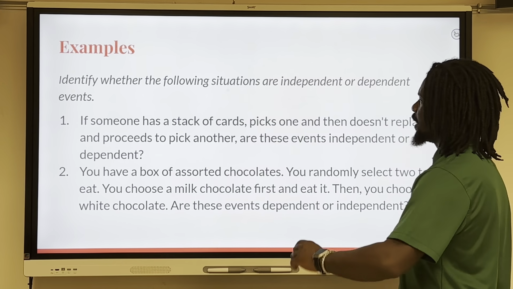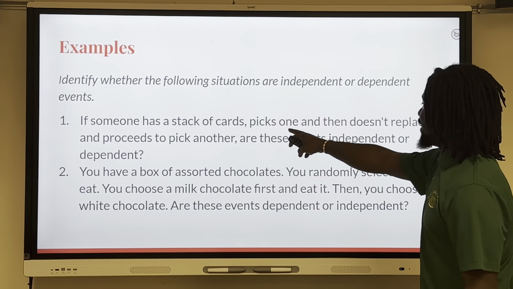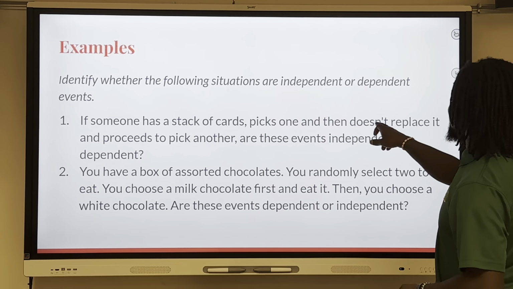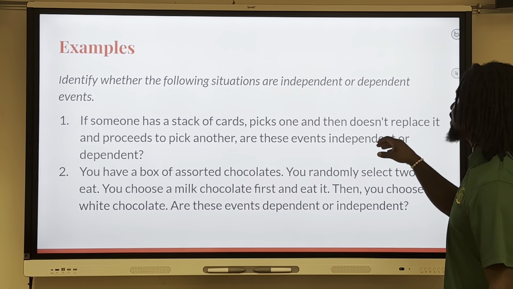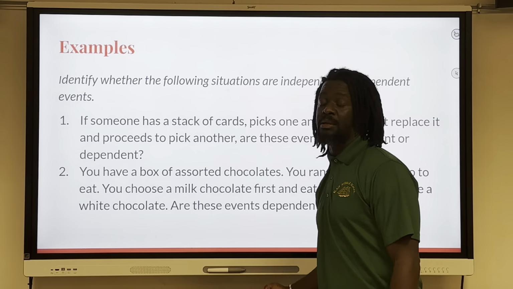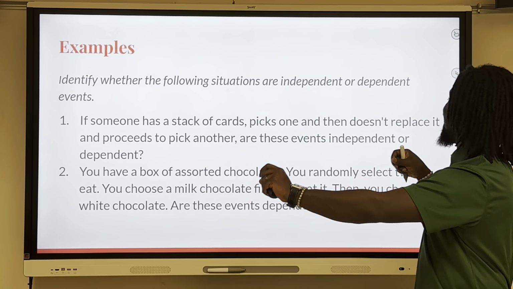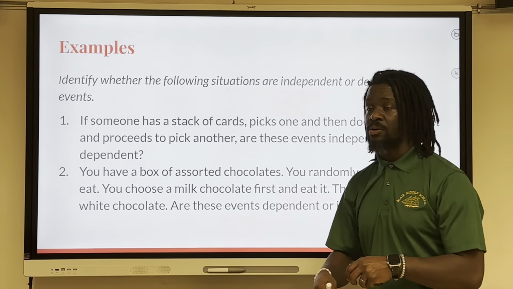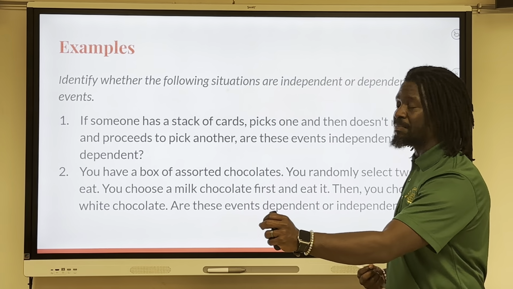So let's look at it. If someone has a stack of cards and they pick one card and doesn't replace it and proceeds to pick another, are these events independent or dependent? Okay. So again, in this first example, I'm taking out a card and then I'm not putting it back.